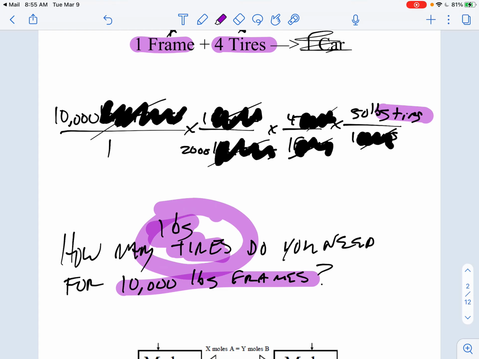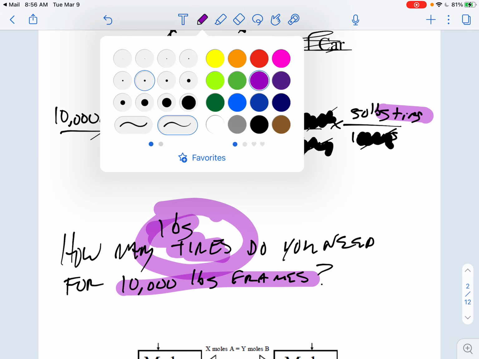It's probably going to be 1,000. Let's see, here's a calculator. 10,000 divided by 2,000 times 4 times 50 is 1,000. Yes, I thought it was 1,000. So that is going to be your final answer: 1,000 pounds of tires.